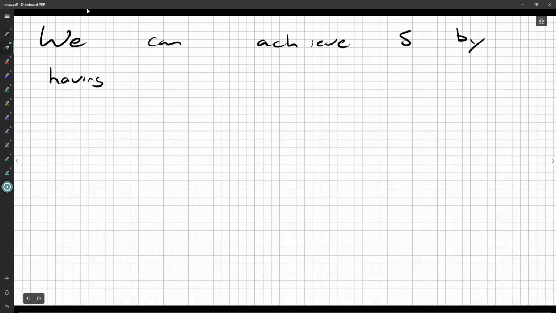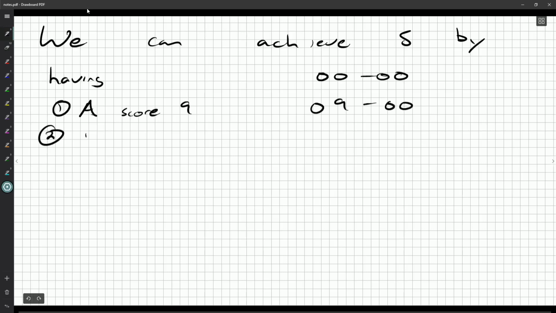Let's actually break it down this way. A scores 9 times to go from 0, 0 to 0, 9, 0, 0. B scores once. So we'll mark that off with a nice little tick. There we go. That's a sum of 10.